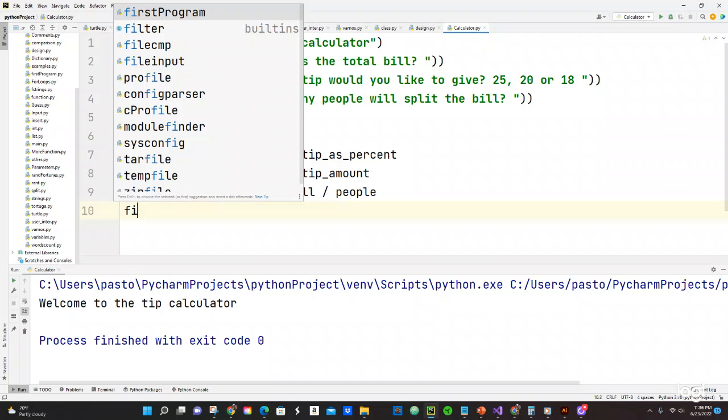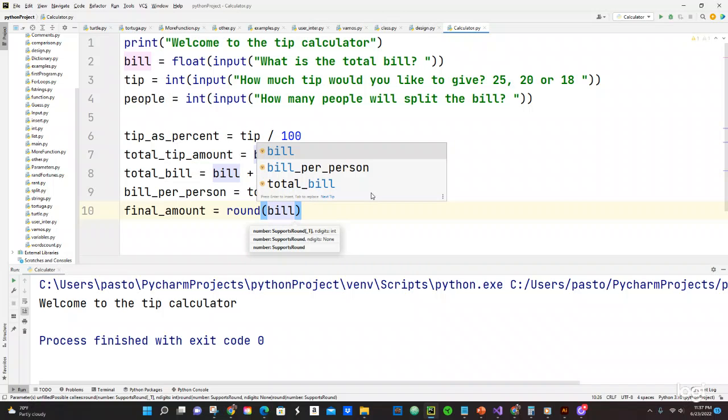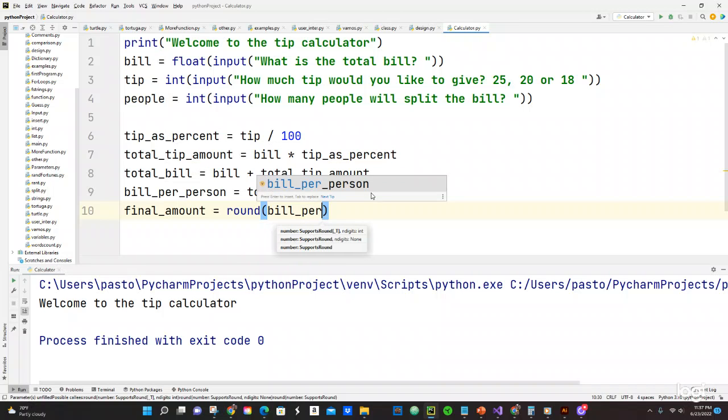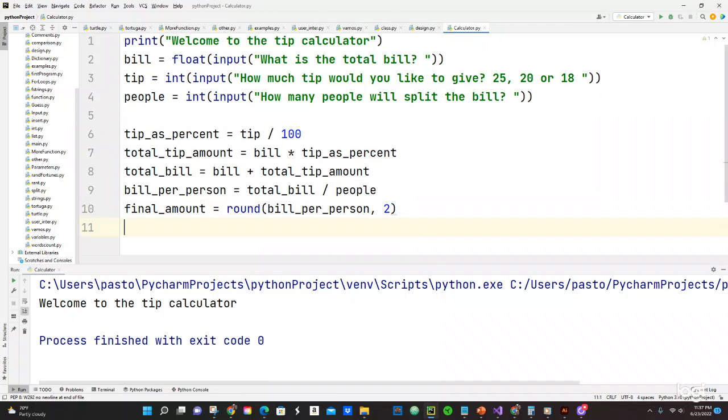And then we're going to have the final amount equals, and we're going to use the round function right here, round, so that when we get the bill, it gives us a couple of decimals. Bill per person, comma, 2 decimals. Okay, all right, we got that.